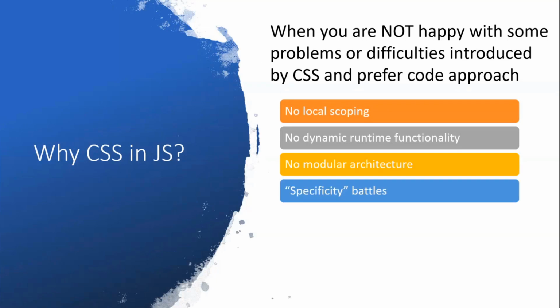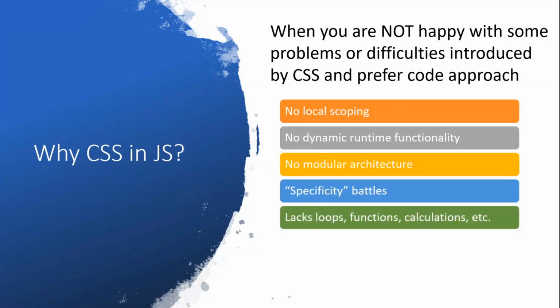You don't have, for example, dynamic runtime functionality. You do not have modular architecture. Probably you know about these specificity battles, etc. And that is why you can handle all these situations using the CSS in JS approach, and even more.